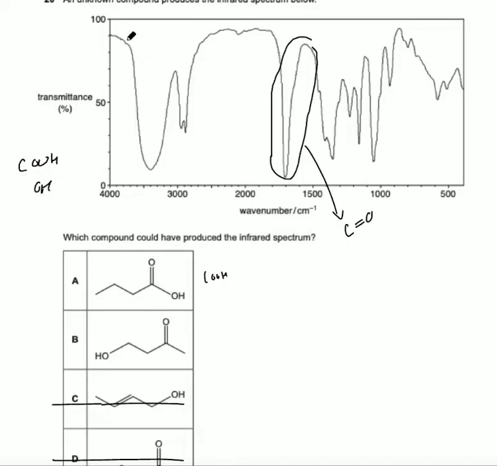If it's from a carboxylic acid, it would look like this. So the peak would slightly go nearer the 3000, whereas the peak for an OH would be closer to the 2500. Yes, but that's a bit harder to distinguish them.